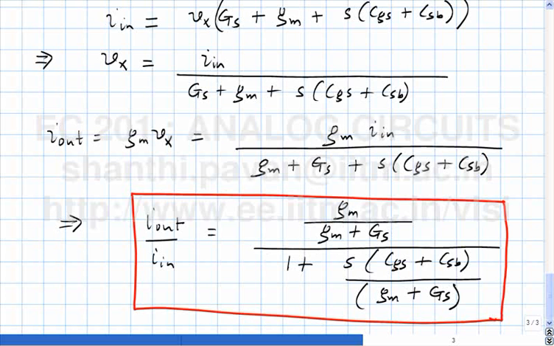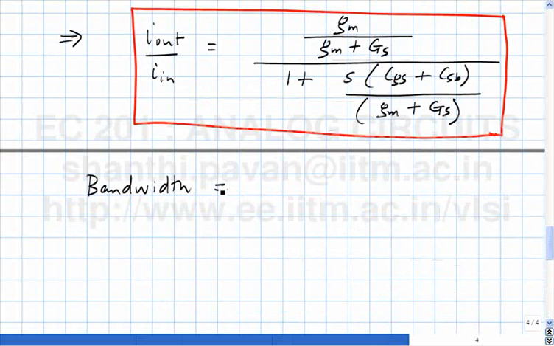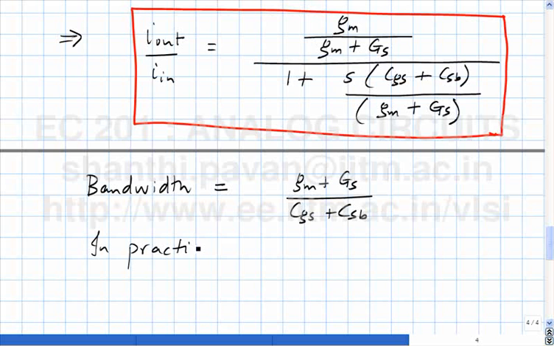And can you comment on the bandwidth? It is nothing but (Gm plus Gs) by (CGS plus CSB). And we know that if you want to make this really work like a current controlled current source, in practice, Gs will be much smaller than Gm.